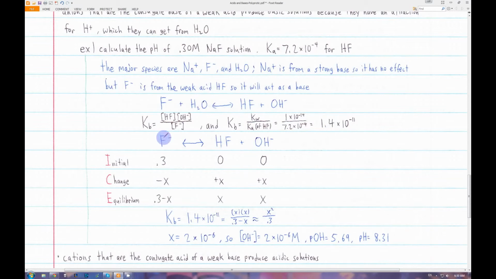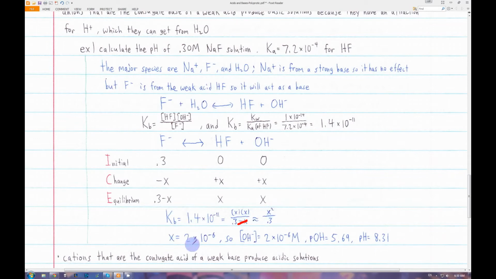Then we make the ICE chart. We start with 0.3 molar F-, and they are all in a 1-to-1 ratio, so the F- ion will decrease by some amount x to reach equilibrium, while the HF and OH- will increase by that same amount. Then we plug these into our equilibrium expression, and since the Kb is small, we can ignore this minus x.